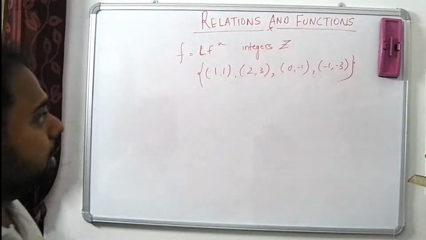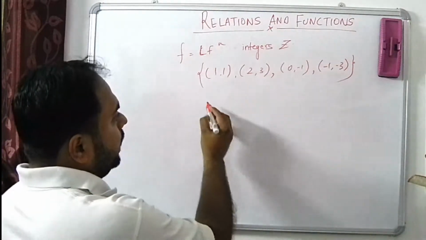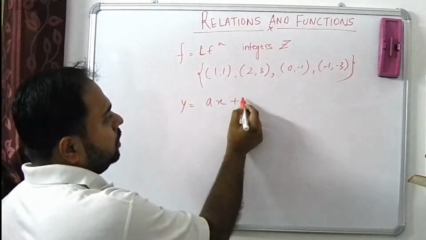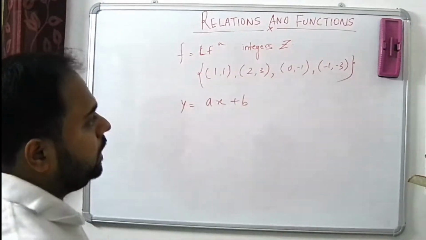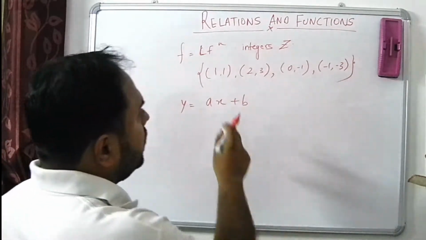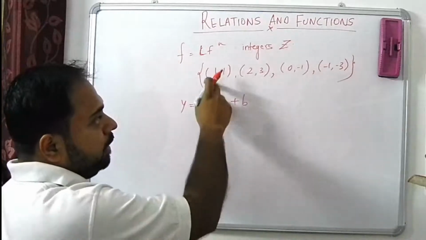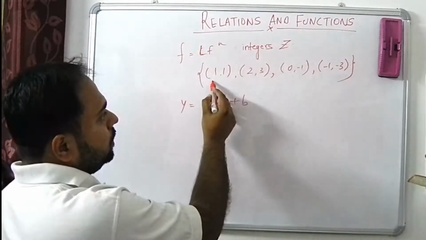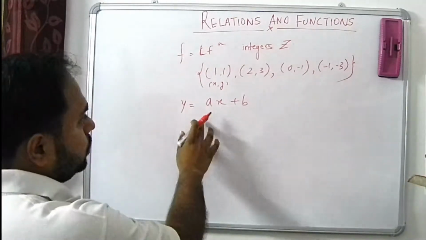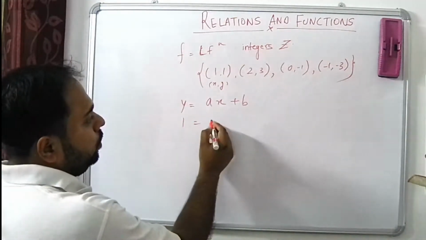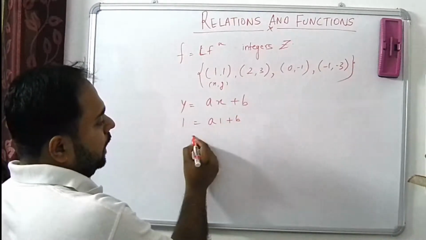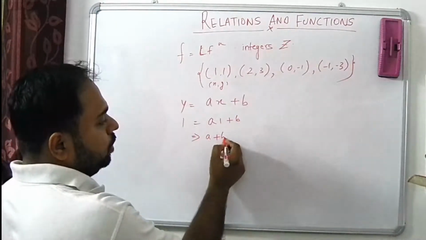As I said, linear functions have a general form y = ax + b. I know that (1, 1) satisfies this. If I put these x, y values in the equation, I get 1 = a times 1 + b, which implies a + b = 1.